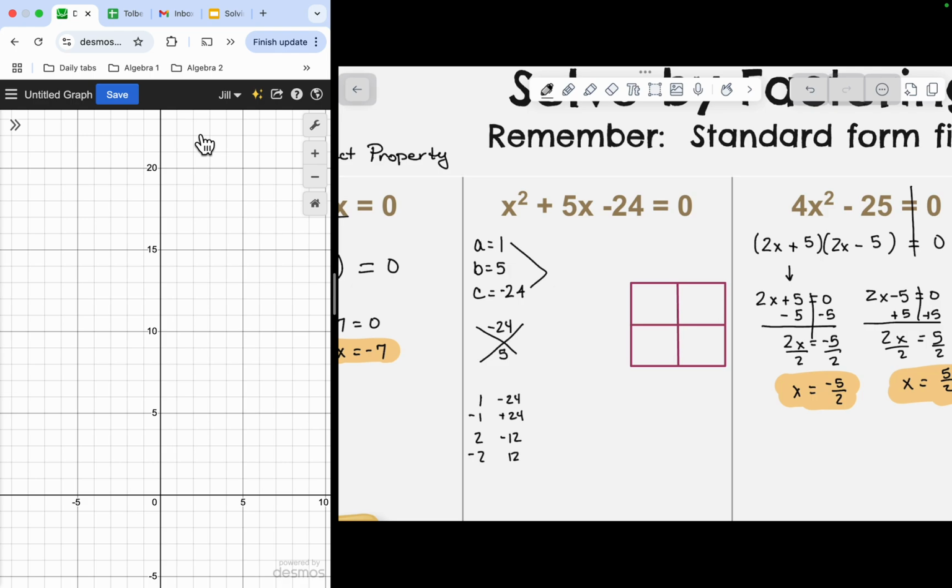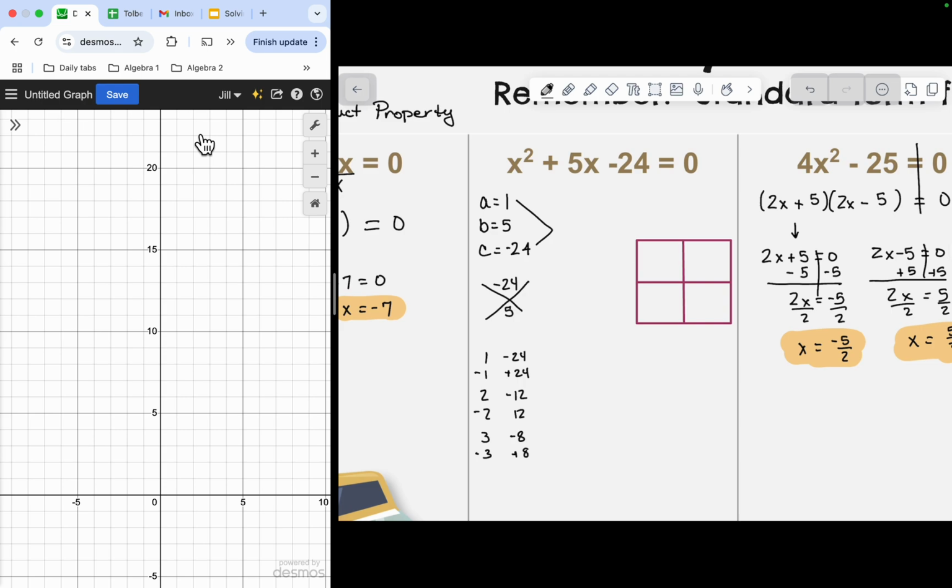That's not going to work either. Then we can try 3 and negative 8, or negative 3 and positive 8. Both of those multiply to give us negative 24, and this one happens to also add to give us positive 5. So that's the pair of numbers we're looking for, negative 3 and positive 8.